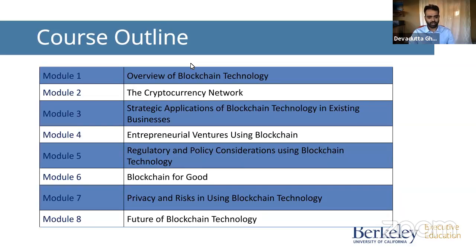In module 5, we understood the regulatory and policy considerations. Module 7 is complementary to it, where you understand the privacy risks in using blockchain. In existing technologies, there are a lot of privacy laws that have already been implemented, like GDPR, or in California, there's a new law coming up.